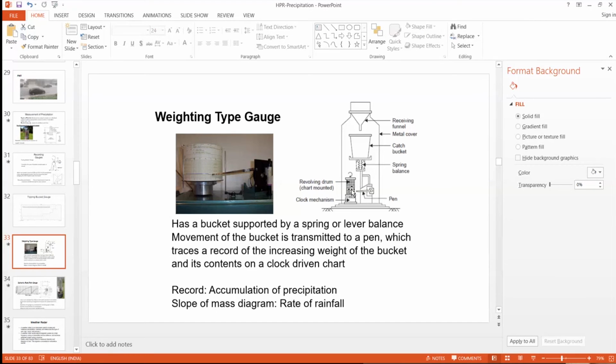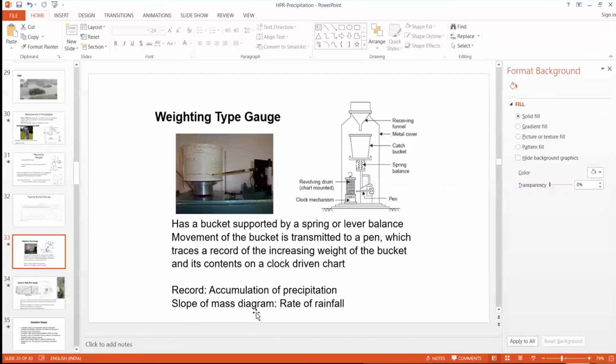This revolving drum is connected to a clock, so its revolutions are according to some specific time. I mean the speed is fixed, constant. So this weighing type gauge gives the mass flow rate.